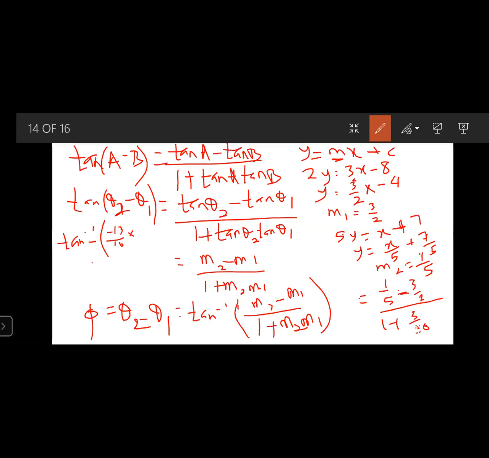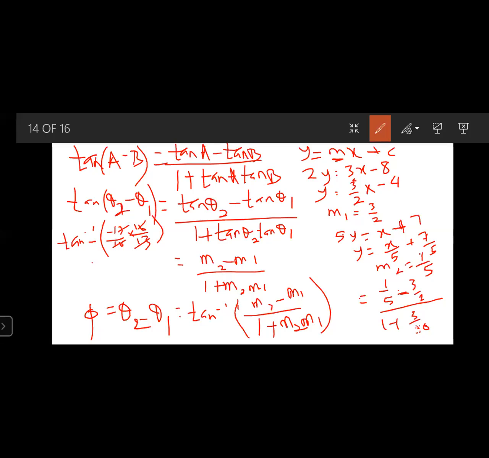Also 13 over 10. That's 1 plus 13 over 10, which will give us what? 13 over 10. So you turn it upside down, it becomes 10 over 13, so the 10 cancels 10, and 13 cancels 13.